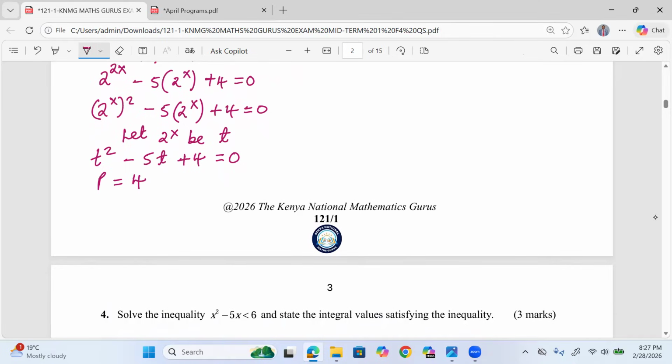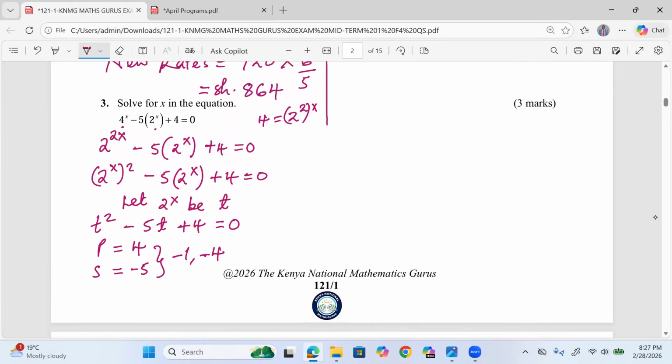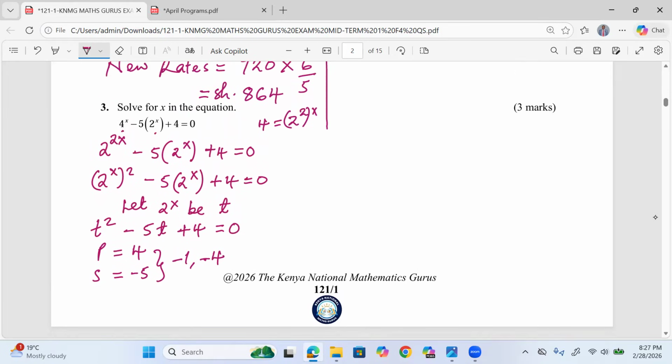So that's 4. Then the sum is the value of b, which is the coefficient of t, that is negative 5. At this point now, the factors shall be negative 1 and negative 4. Their product is positive 4, and the sum is negative 5.